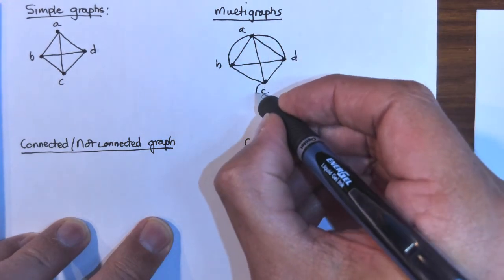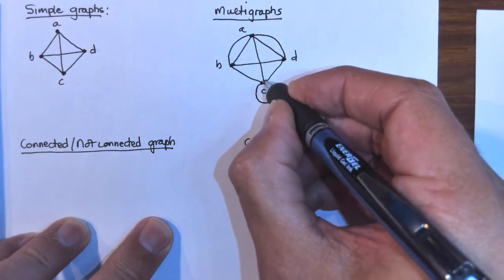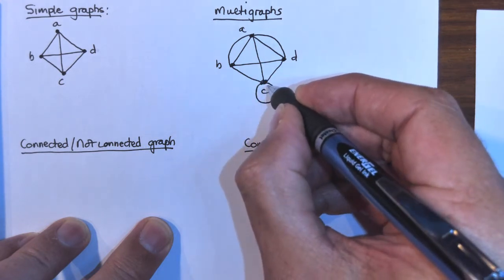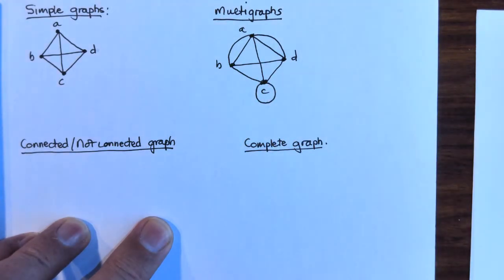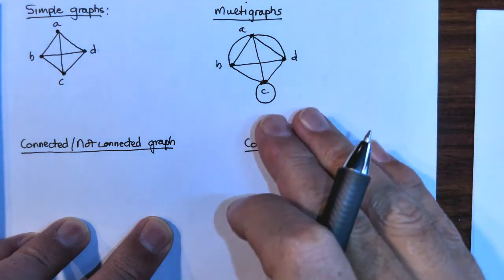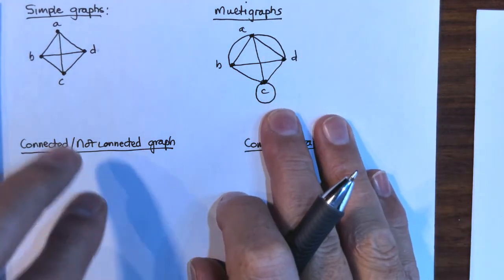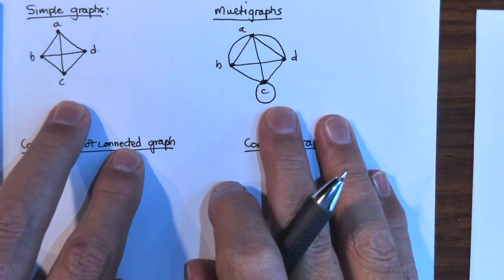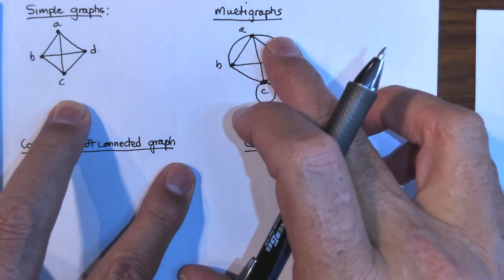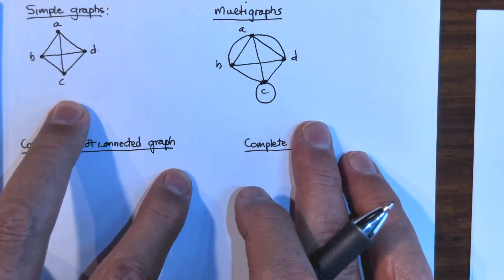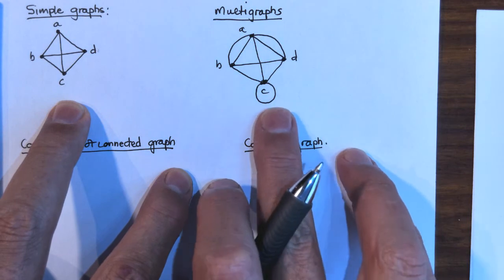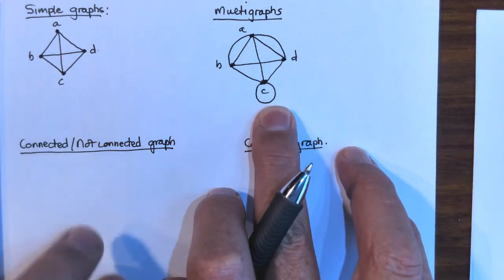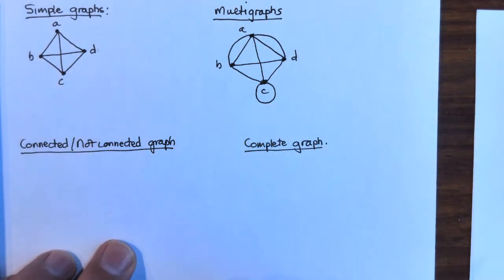The fact that we have a loop, where we can go from C, tour around and stay in C, is called a loop. That is part of a multigraph. Simple graphs don't have those things. They don't have two edges joining two vertices, and they also do not have any loops in the graph itself.